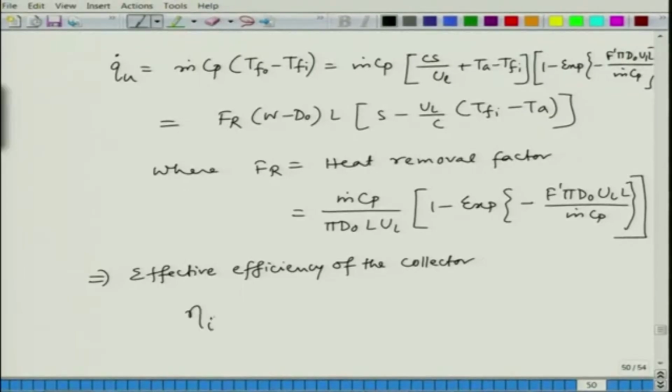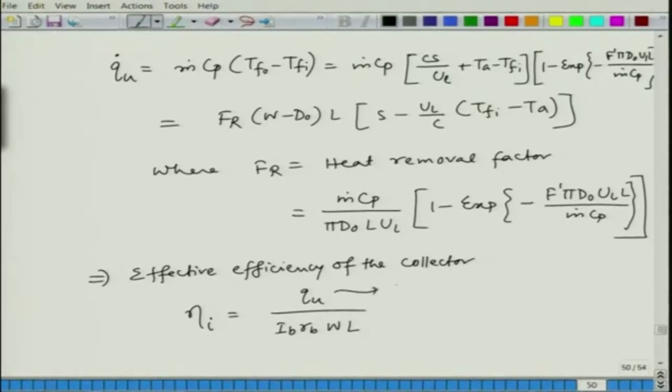So, you can write eta i is equal to Qu dot, okay, divided by Rb Ib W L. Okay.